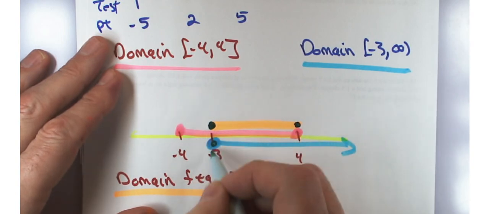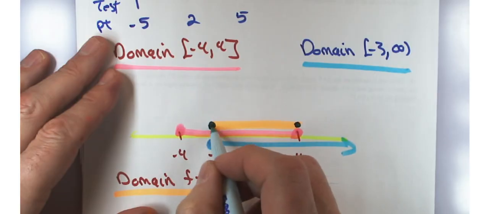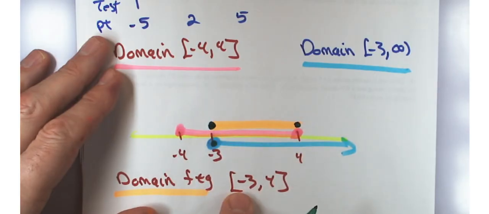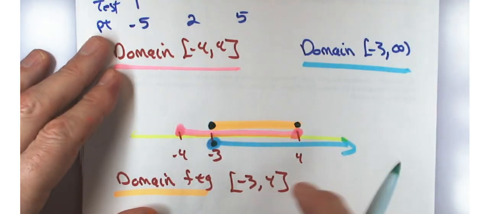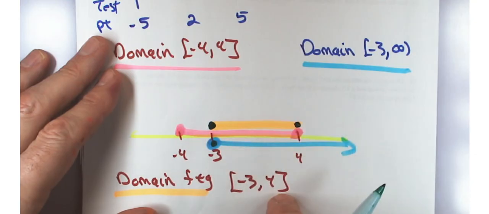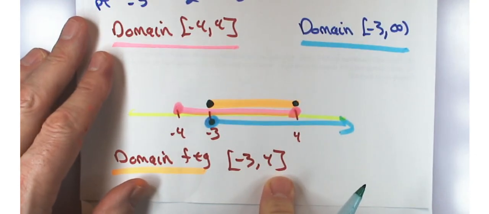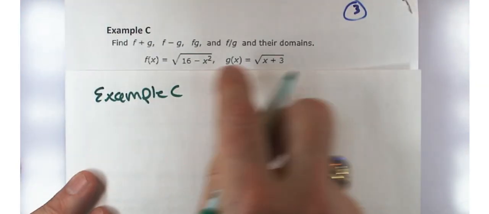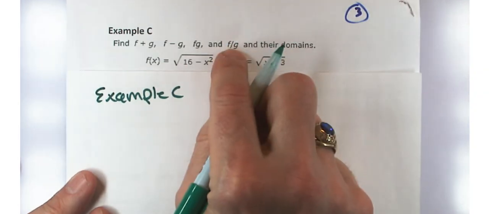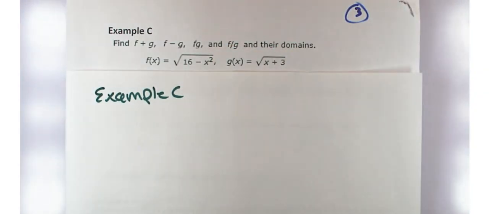So these two overlap there, that's why you're getting a solid dot here and a bracket here. Likewise at this endpoint, they're both defined, so that's going to be in the domain of the whole thing. But that's not always going to be the case. If I can ask for your patience for just a minute, when we get to the domain of this one, you're going to see a little bit of a difference.